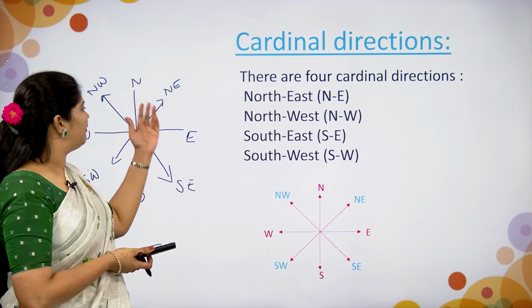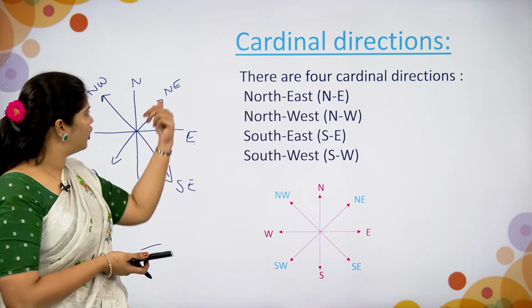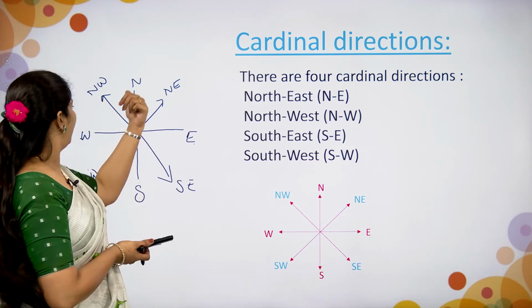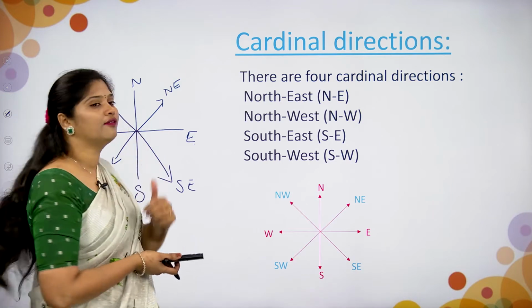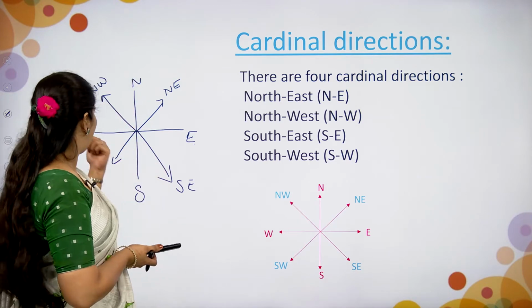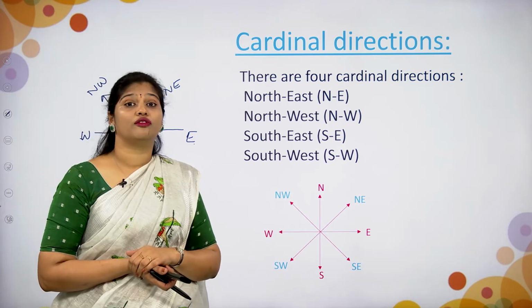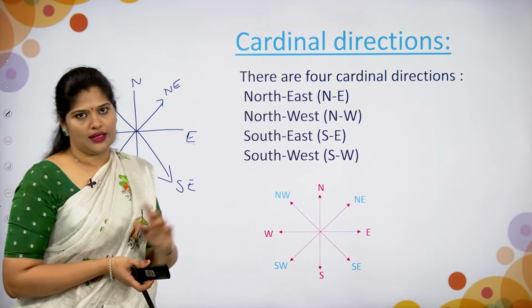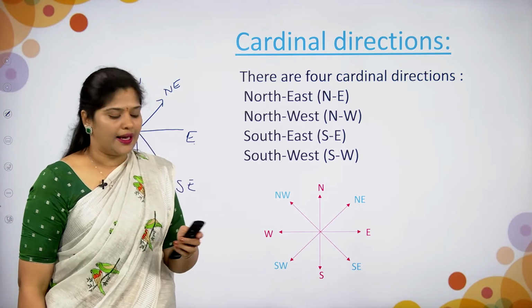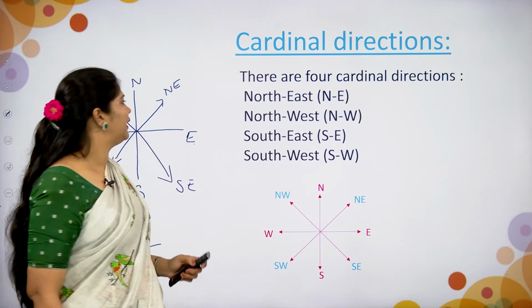Okay, in between north and east is called northeast corner, and in between north and west is called northwest direction, and in between west and south is called southwest direction, and in between east and south is called southeast direction. Okay children, these are all our cardinal directions.